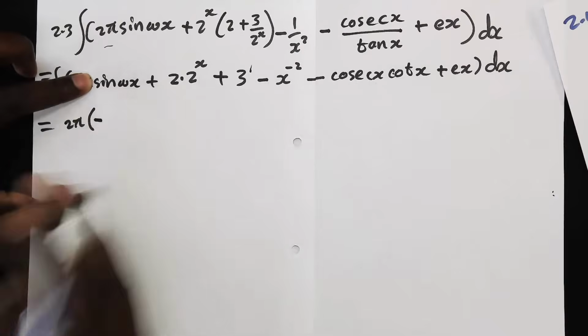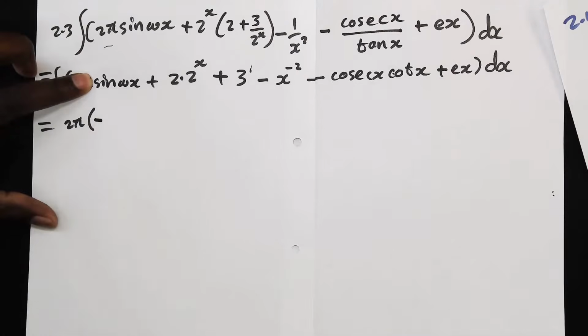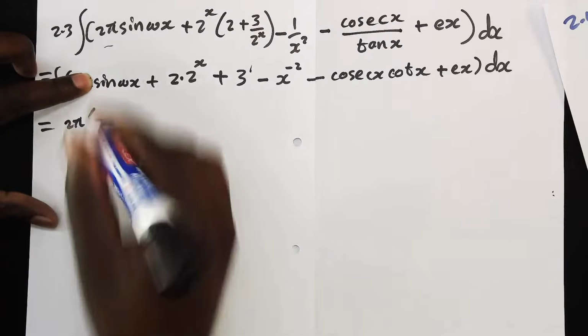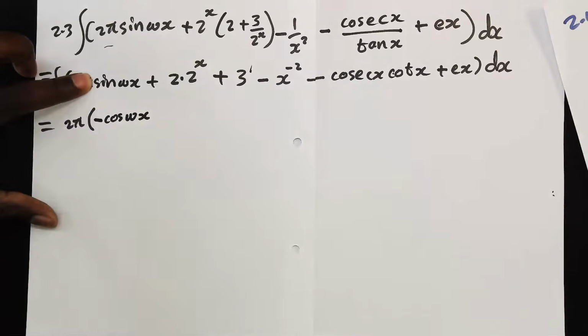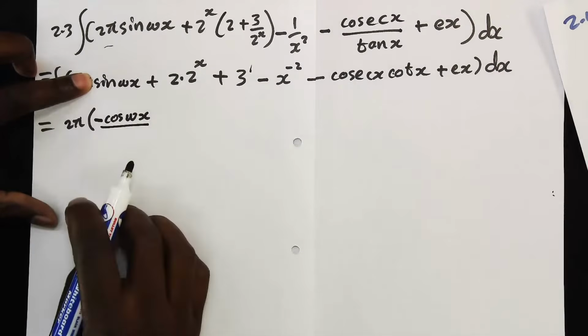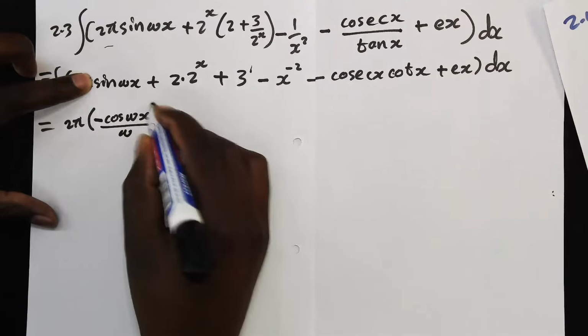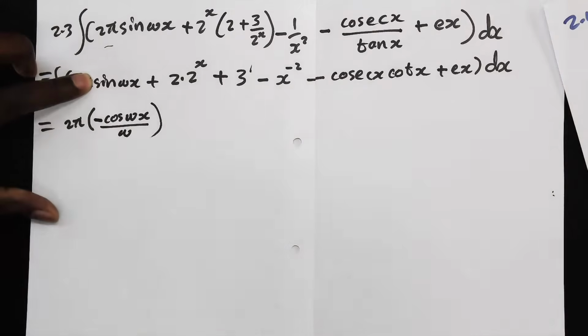Except for derivatives, go to the table. It will help you out. So we have negative cos wx. The rule will say divide by what? Divide by what? The derivative of the angle always, because we're doing antiderivative. In derivatives, we multiply.